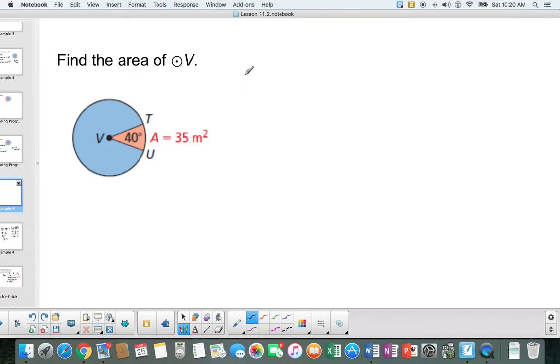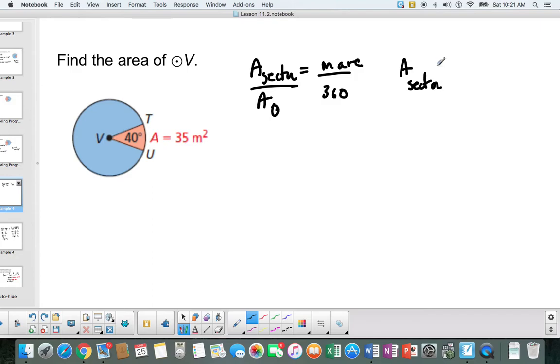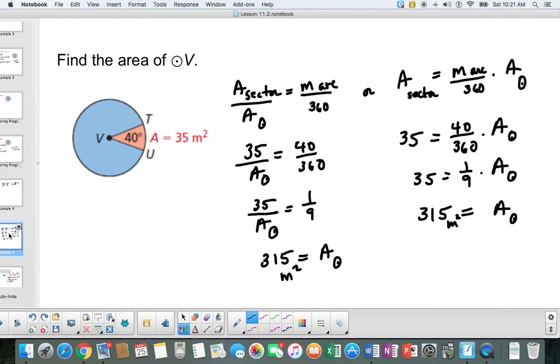You can either work with the ratio formula, which is area of the sector divided by area of the circle equals the measure of the arc over 360, or you can work with area of the sector equals measure of the arc over 360 times area of the circle. And that's where we take this and move it to the other side here, like that. All right, and on the next slide, you'll see my work, and you can work it both ways.